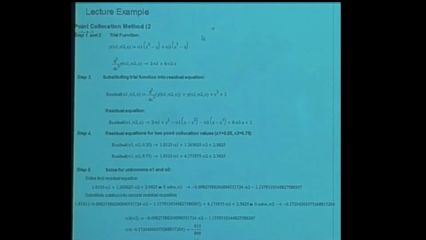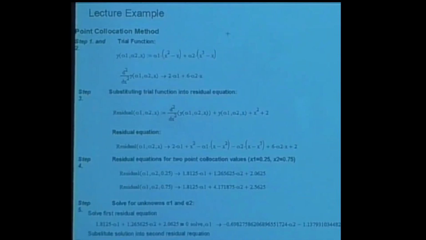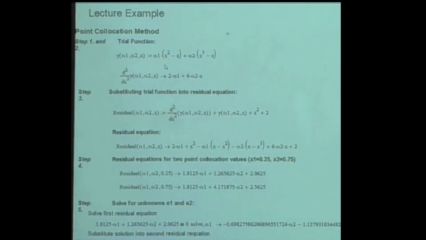Okay, so this is the example. The first approach is the point collocation method, and I've written it out into steps. So this is step 1, where we choose the trial function, and it satisfies the boundary conditions.